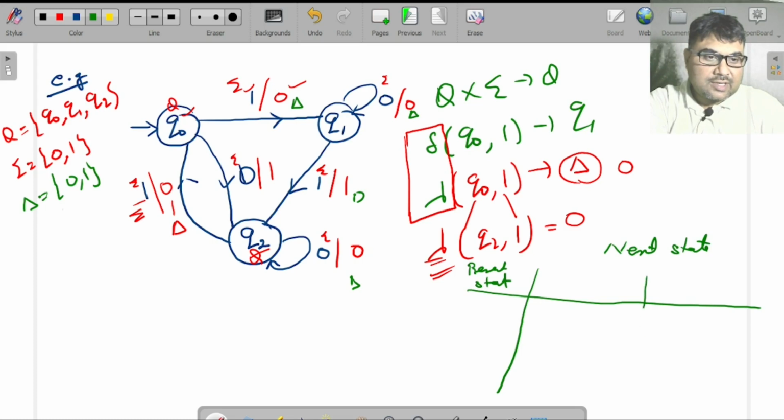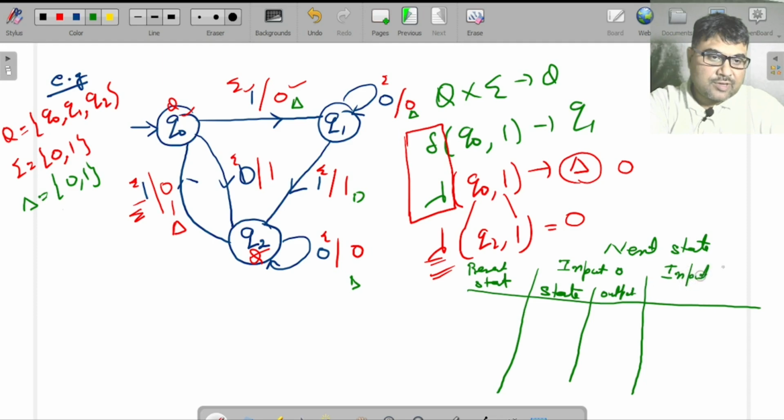In the next state, for the input 0, by this input 0 you will reach some state and generate some output. Similarly, there are two inputs, so we take another input 1. You reach some state and generate some output.